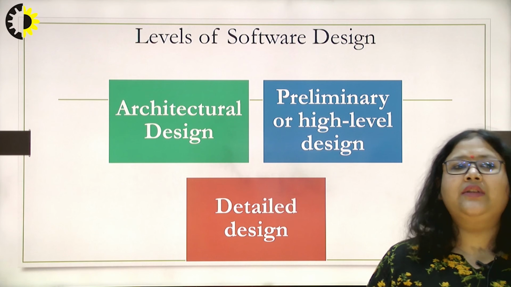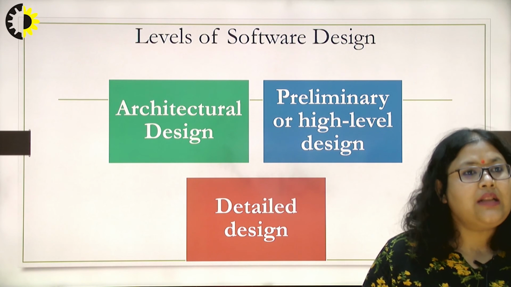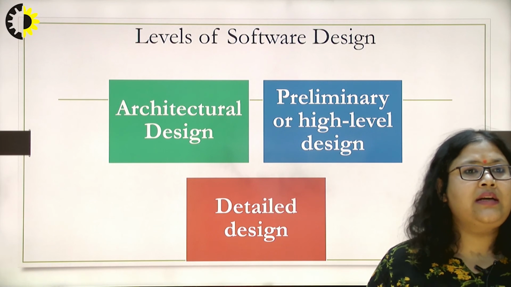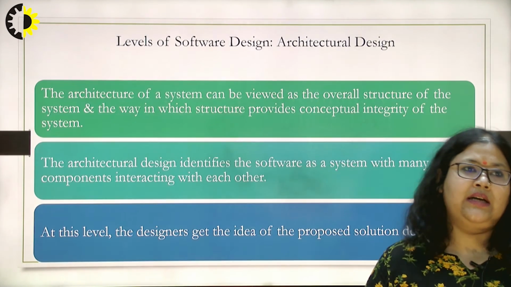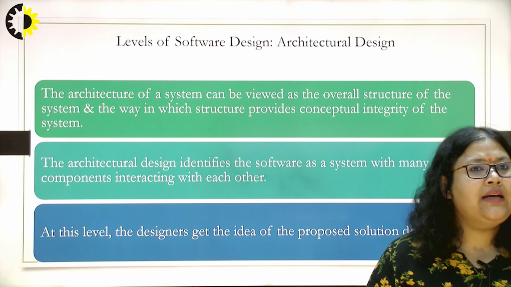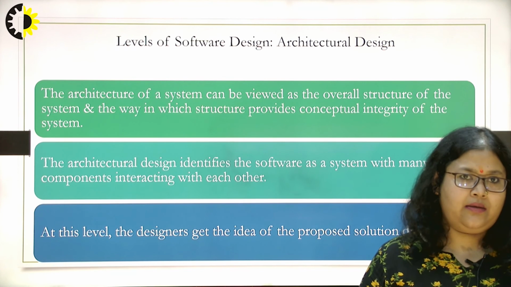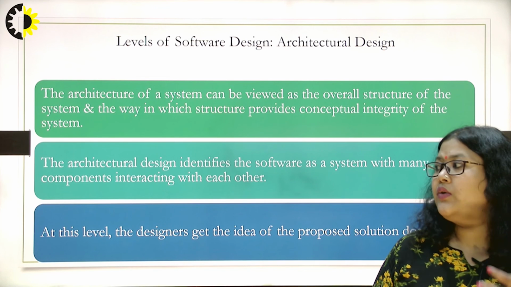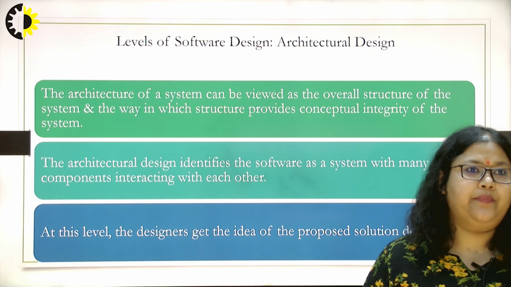Now, the levels of software design. Levels of software design are divided into three parts. First is architectural design, then high level design and the detailed design. Architecture design means viewing the overall structure of the system, how the system looks.